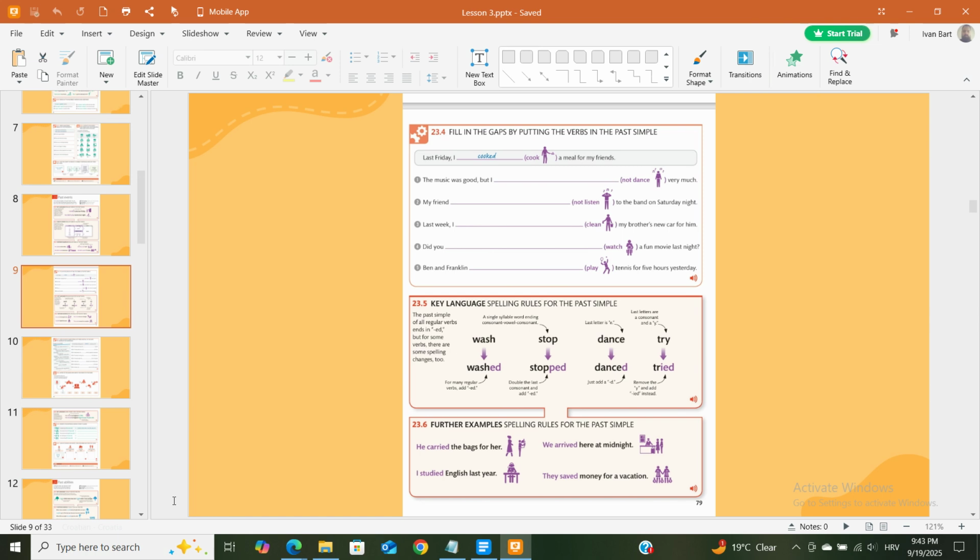23.5 Key language: spelling rules for the past simple. The past simple of all regular verbs ends in ed. But for some verbs, there are spelling changes.